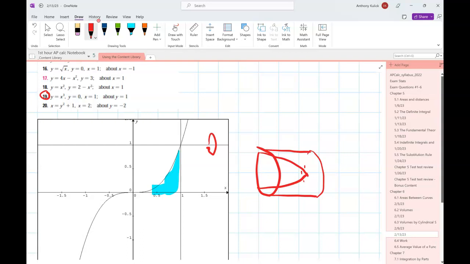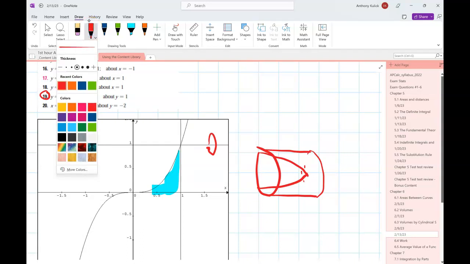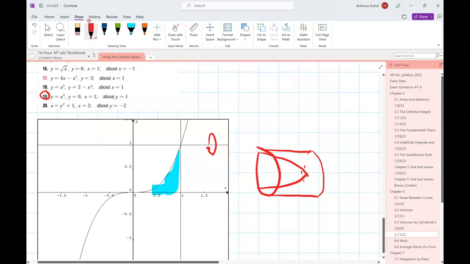You kind of see that? Okay. So, shell method. What should we be integrating with respect to? Y. It's the opposite rule as for the washers. Okay.